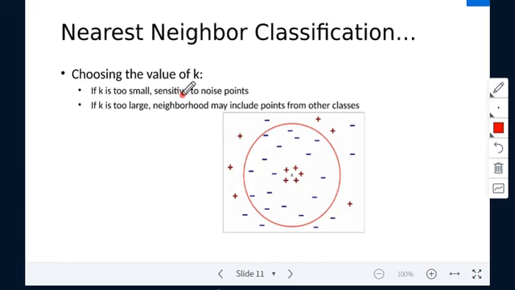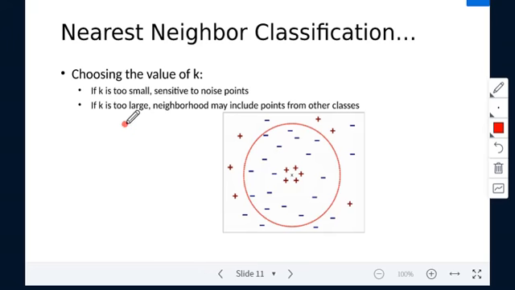How to choose the nearest neighbor classification? It is very important. How to choose the value of k? As I told, if k is too small, the prediction may become wrong, because it is sensitive to noise points.